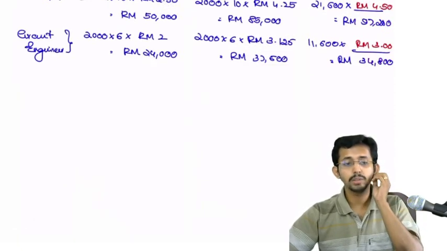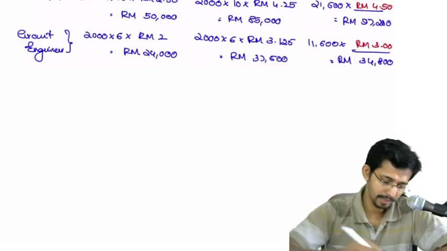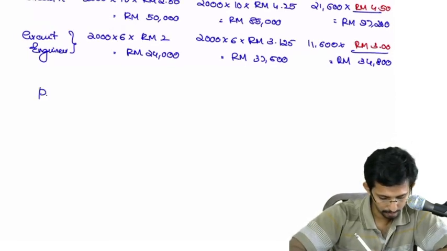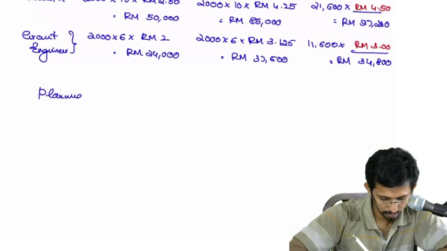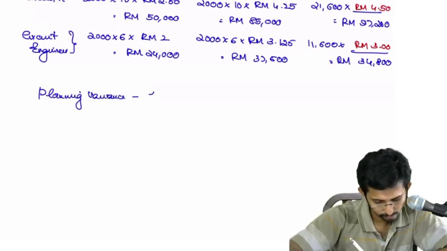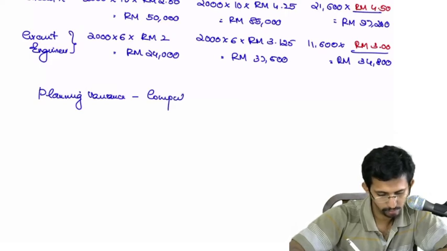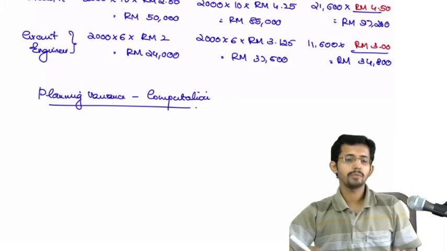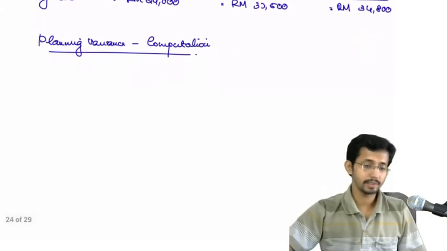Now what do you have to do? You have to compute the planning and operational variance. So first is planning variance. You have to compute the planning variances.